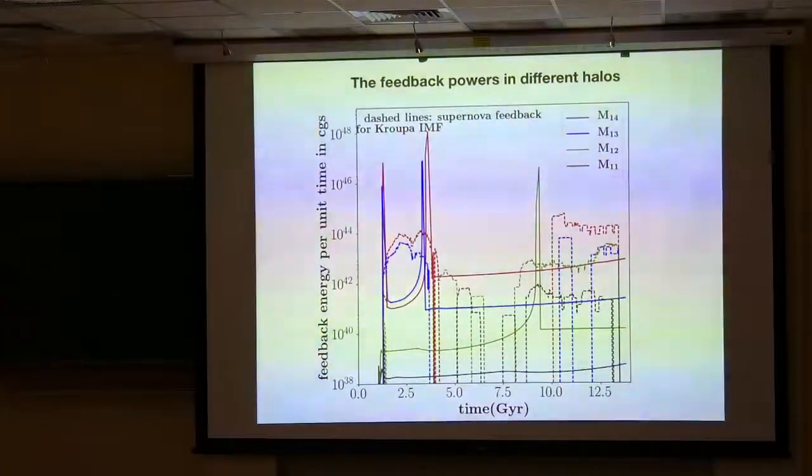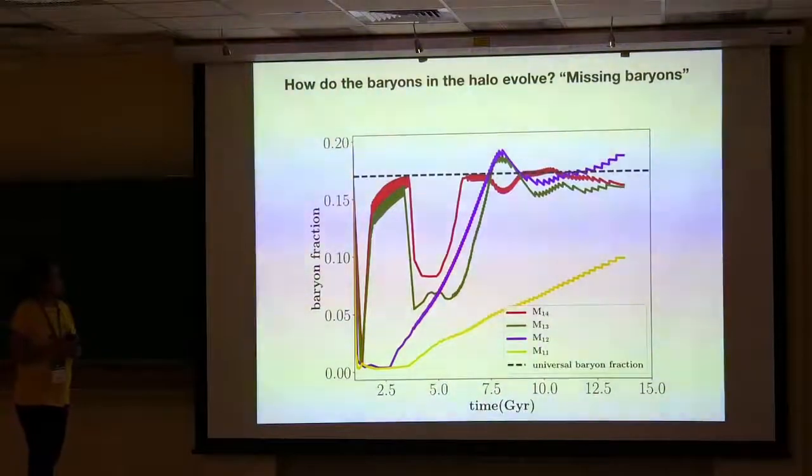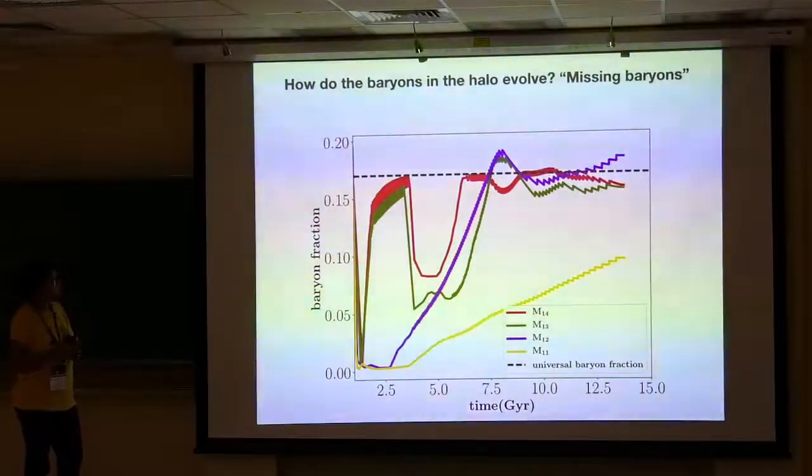With this kind of feedback, we try to see the baryon fraction within R200, the virial radius. The red one is the biggest halo, where we see some kind of cycles coming up, where the cycle time periods become smaller and smaller closer to the current redshift.